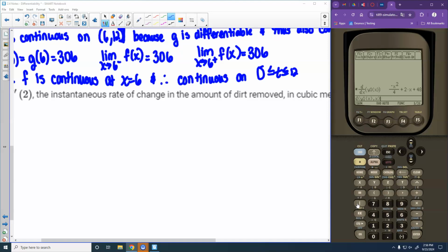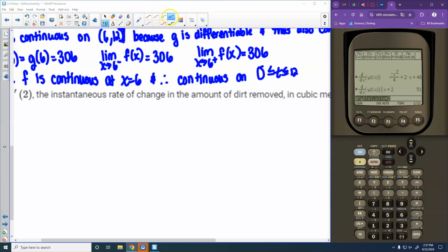This is your such that key. So you're going to hit that. It's going to put that straight line. It needs that derivative stuff in front of it, which you could just get from the line above it. So you got that line, such that, and then just type x equals 2. And when you hit enter this time, it is going to plug in 2 for you. And the answer is 51.